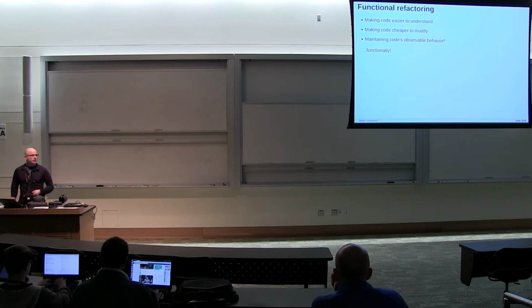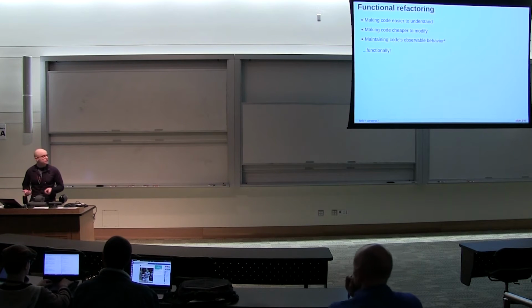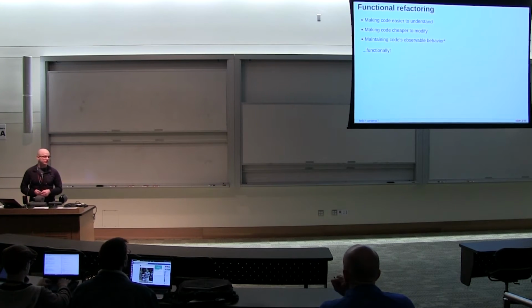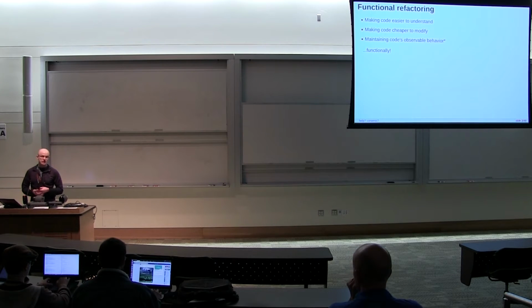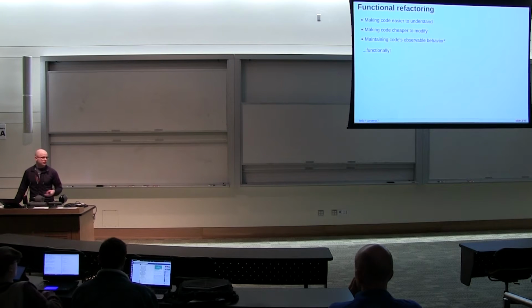How many of you are familiar with the Fowler book on refactoring? Okay, cool. So I'm basically stealing his definition of refactoring here. The basic idea is that we want to make changes to our code such that it's easier to understand and cheaper to modify, and we'll do that by making it functional. But we'll do it without really changing the code's observable behavior or external shape.